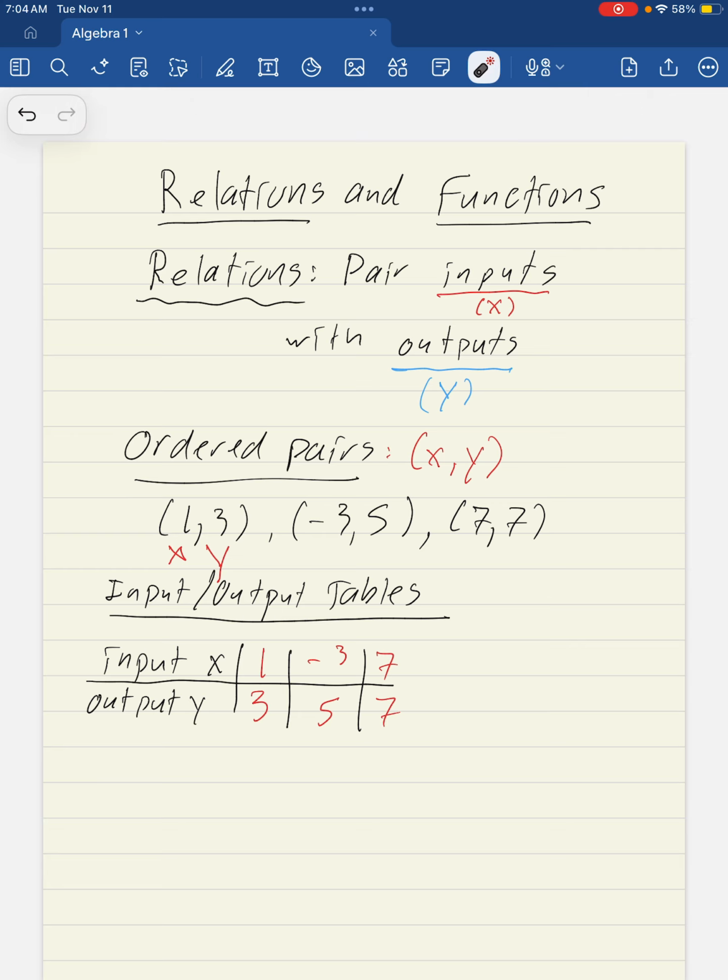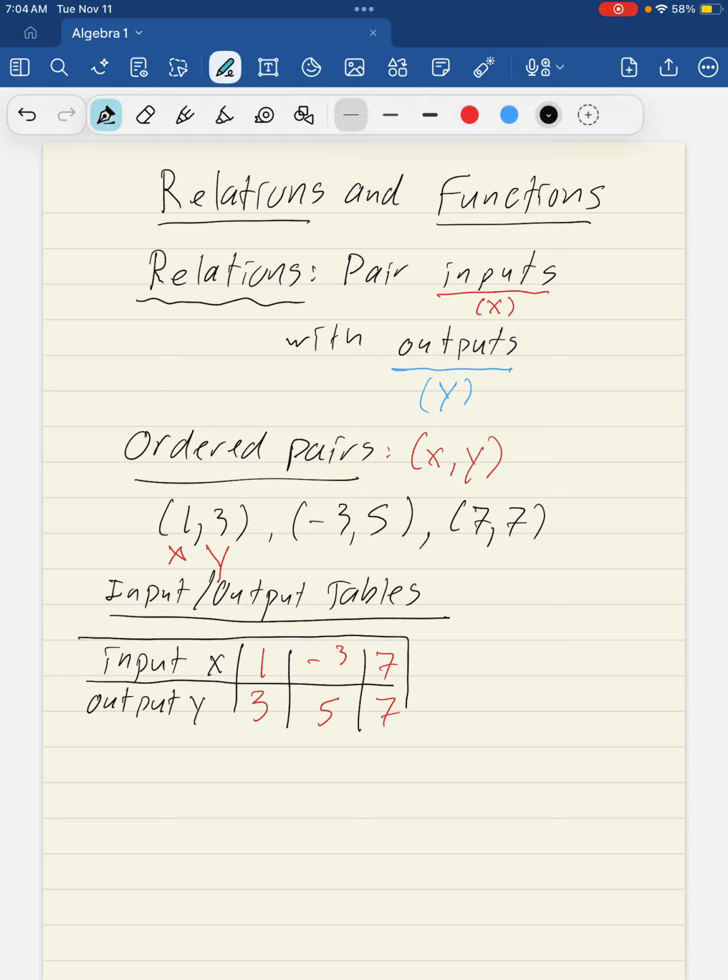Hopefully you can see these values are the same as the ordered pairs, just written differently because this is an input-output table. You put in a 1 for the x, you get a 3. When x is 1, y is 3. Ta-da. Oh, I should put a box around my table. Usually tables have boxes around them like that.